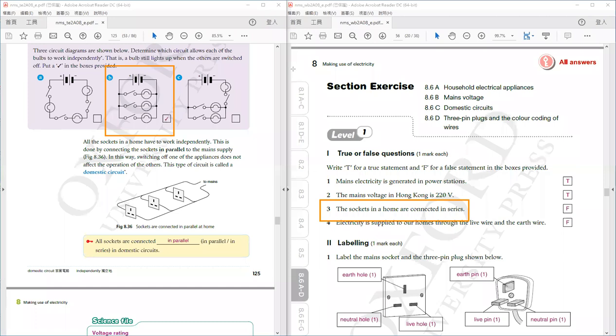When we try to connect branch 1 and branch 2, these two light bulbs can be lit. Branch 1 and branch 2.